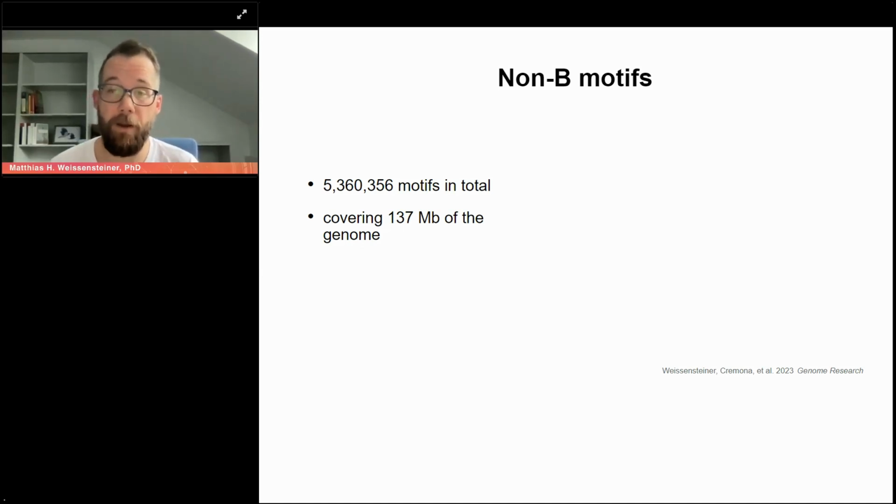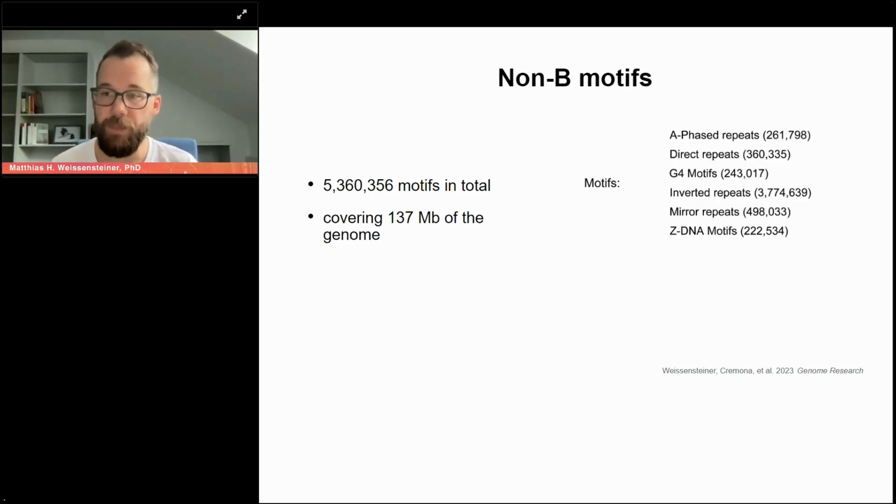And we have compiled over 5 million motifs in total, covering about 137 megabases of the genome. So here's just a brief collection of the individual motif types here. The Z-DNA motifs were the least common ones with a bit over 200,000, going all the way to inverted repeats where we found about 3.7 million of them.